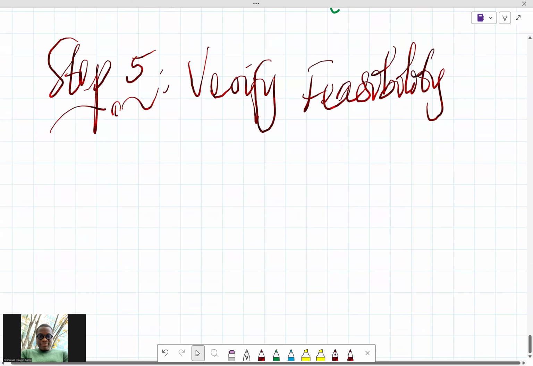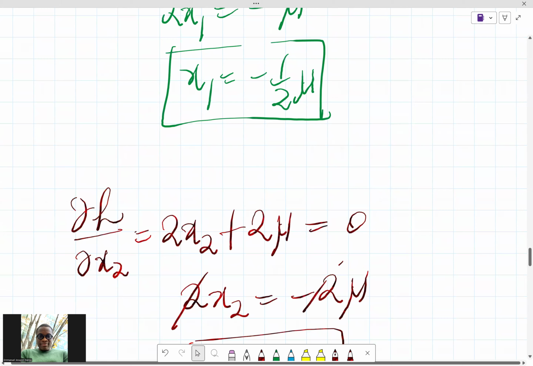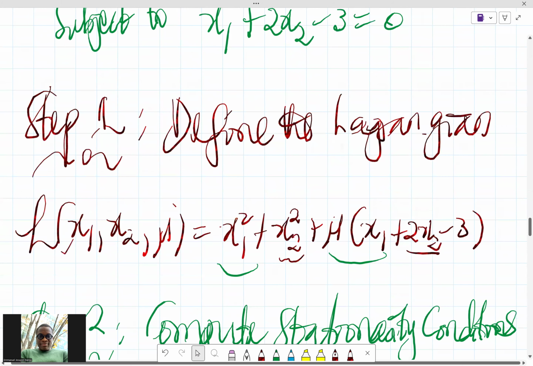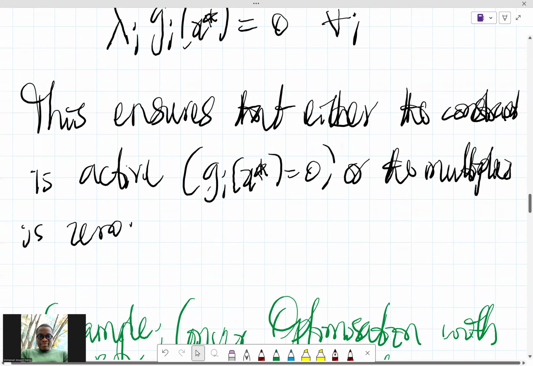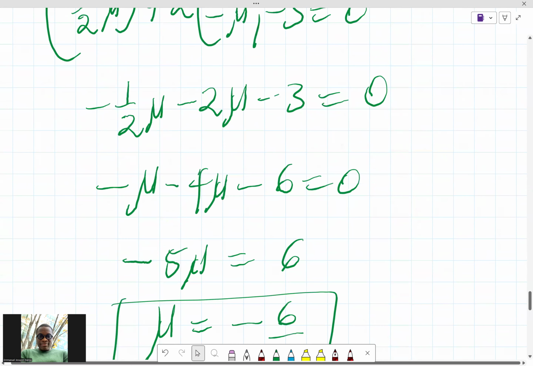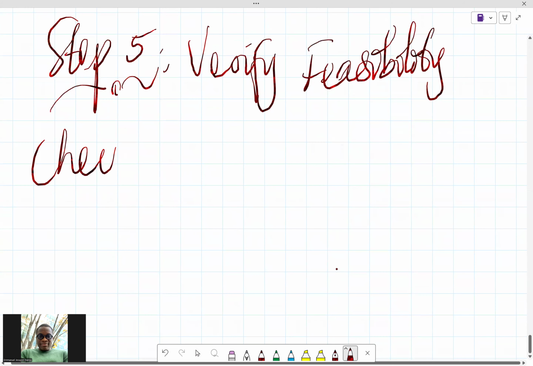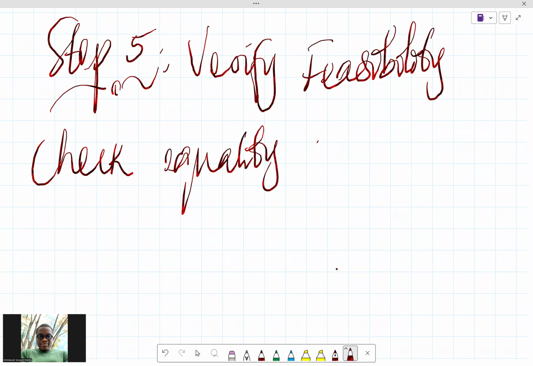So is this equality constraint satisfied with this particular condition? So let's check the equality constraint. x1 plus 2x2 minus 3 equals 0. Verify feasibility. That's check equality constraint.